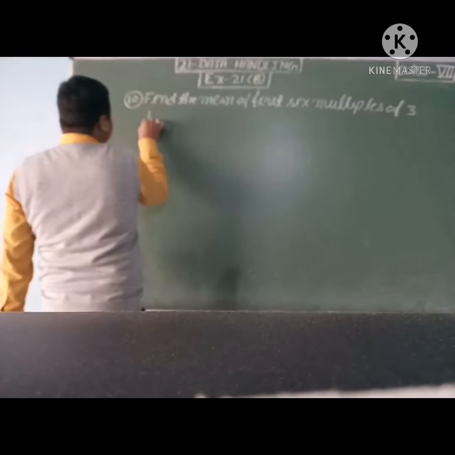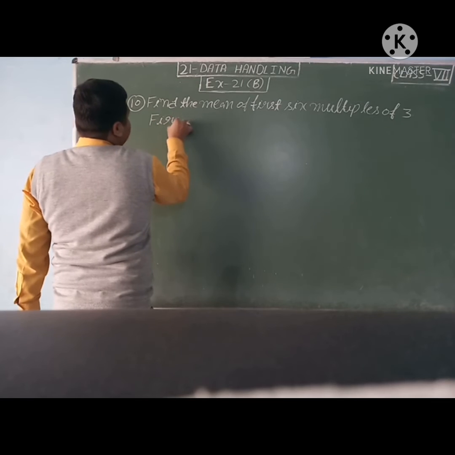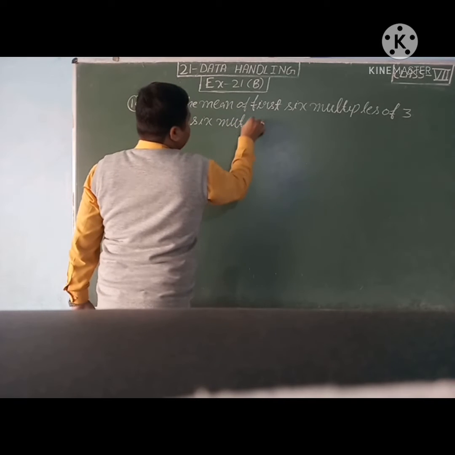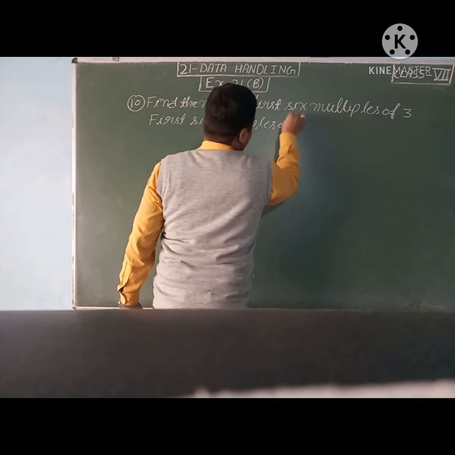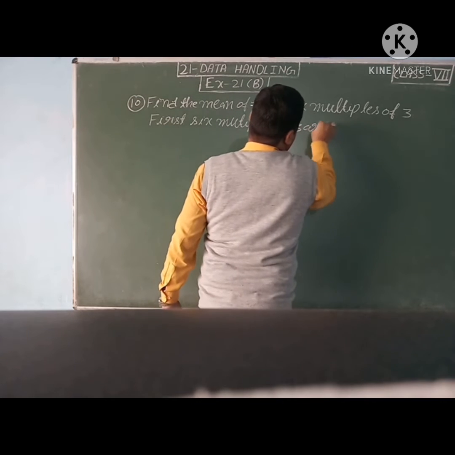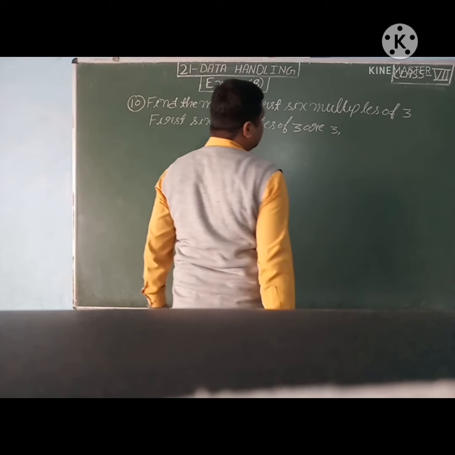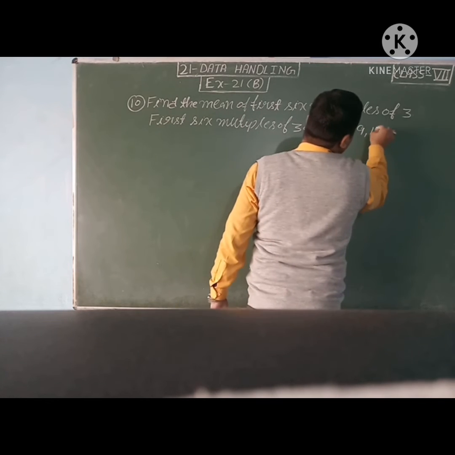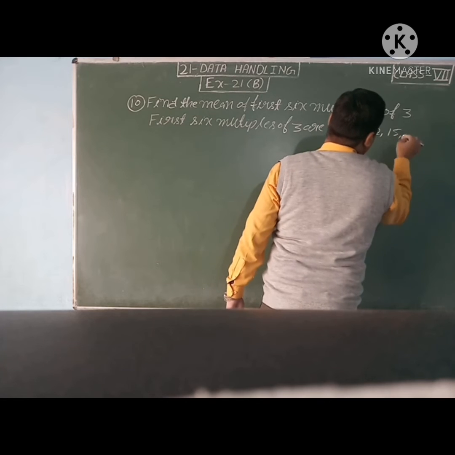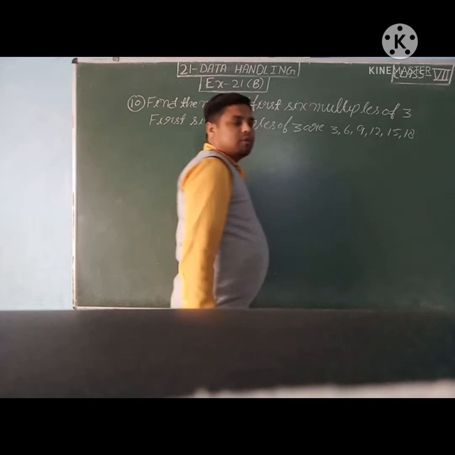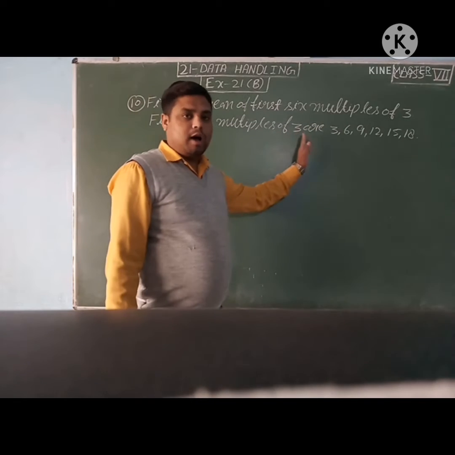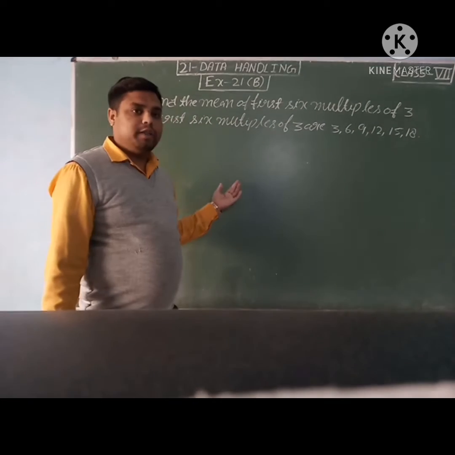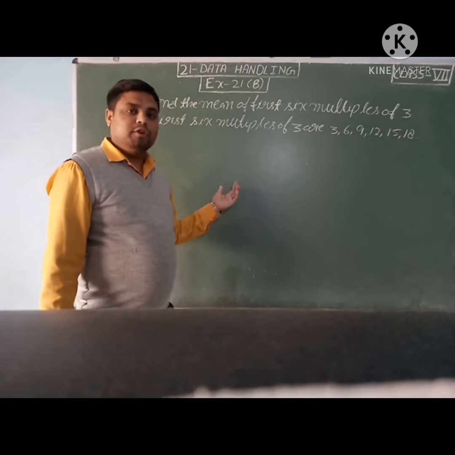So the first 6 multiples of 3 are: 3 1s are 3, 3 2s are 6, 3 3s are 9, 3 4s are 12, 3 5s are 15, 3 6s are 18. So students, the first 6 multiples of 3 are 3, 6, 9, 12, 15, 18. So you have to find the mean of these multiples yourself.